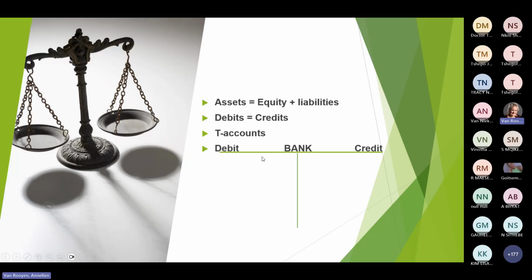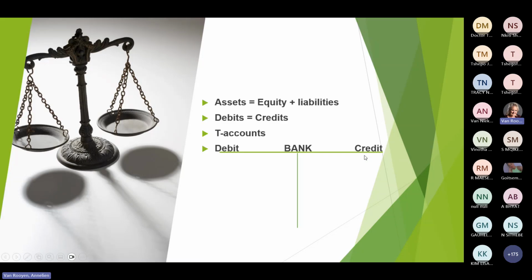So if I receive income from investment, debit the bank and credit, for instance, my interest received. If somebody deposits capital, the bank will increase. So I debit my bank account and I have to credit my equity account or capital, whatever the description is.